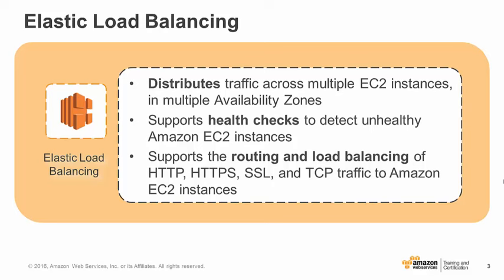Elastic load balancing detects unhealthy instances within a pool and automatically reroutes traffic to healthy instances until the unhealthy instances have been restored. You can enable elastic load balancing within a single availability zone or across multiple zones for even more consistent application performance.